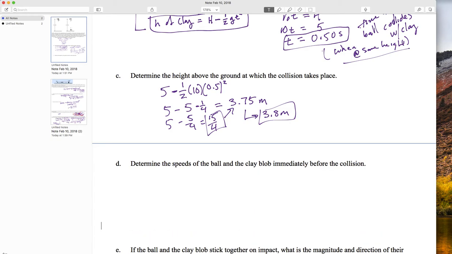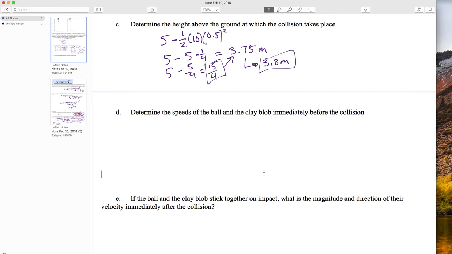And if I move forward on this, we have to determine the speed of the ball and the clay immediately before collision. Well, this is a little bit more kinematics. The kinematics for speed are that the v of the ball is equal to the initial speed of the ball minus the acceleration due to gravity times time.